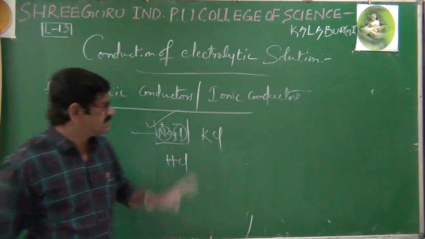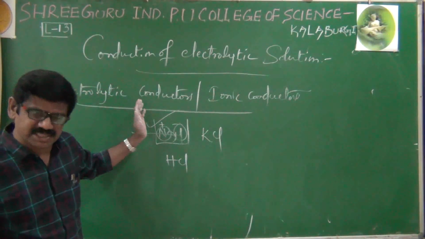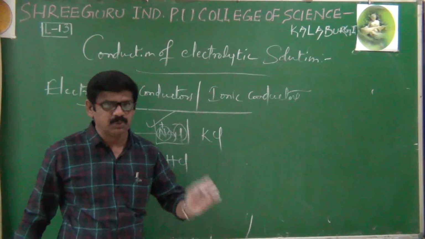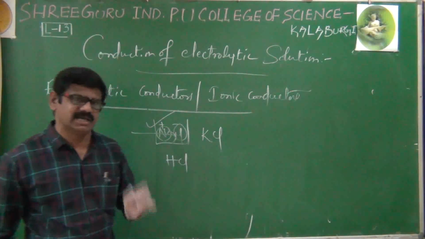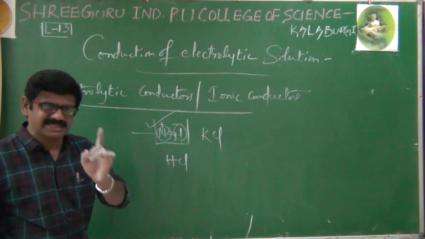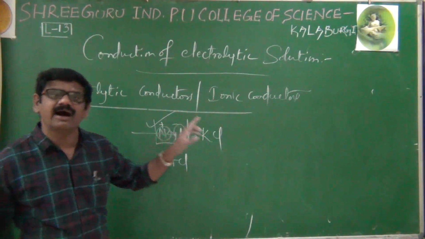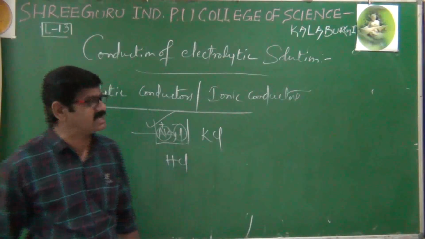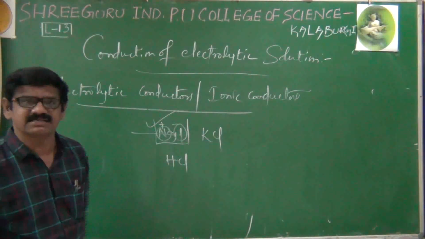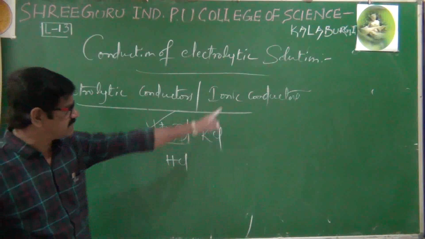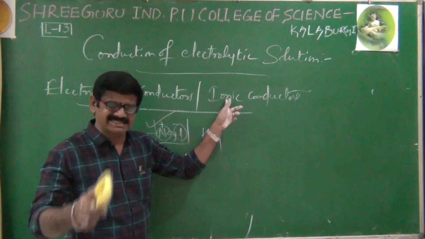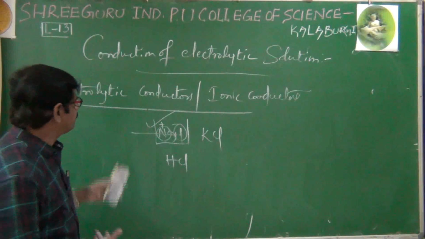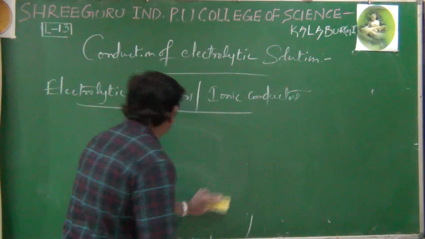The substances which allow current to pass due to movement of ions in aqueous or molten or fused state are called electrolytic conductors or ionic conductors. Why? Because the conductivity is because of ions only.